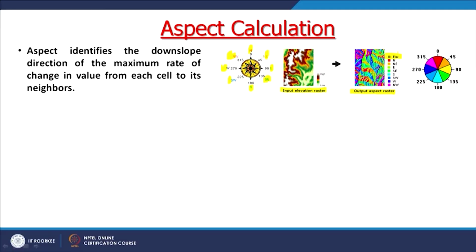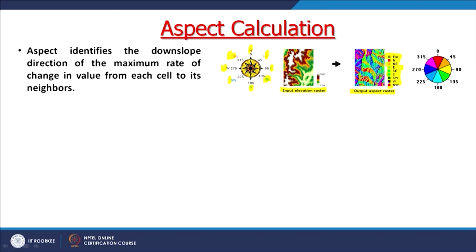All 8 pixels or cells are having same value as compared to the center pixel, and therefore, that area is identified as flat. So, in the legend you will see that there are more than 8, that is total number of 9 boxes or 9 directions are shown, but remember one direction is always about the flat.